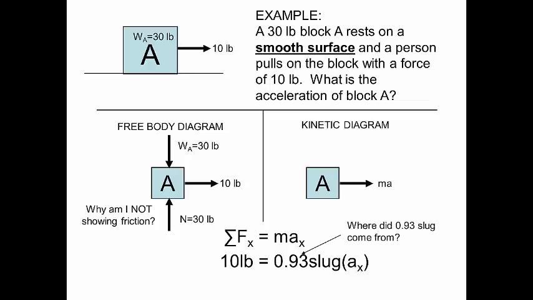Where did this 0.93 slugs come from? Well, we have a 30-pound block. That is a weight. If we divide our 30-pound weight by gravity, 32.2 feet per second squared, then we get our mass of 0.93 slugs. Solving for our acceleration, we get an acceleration in the x direction of 10.7 feet per second squared.